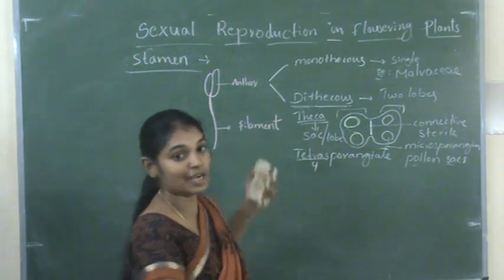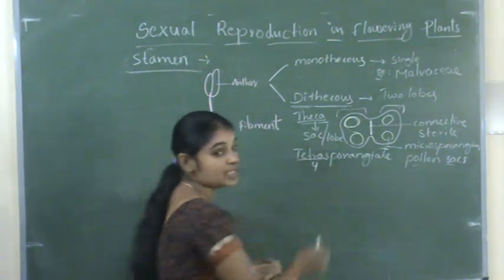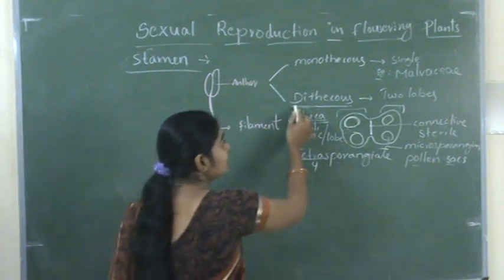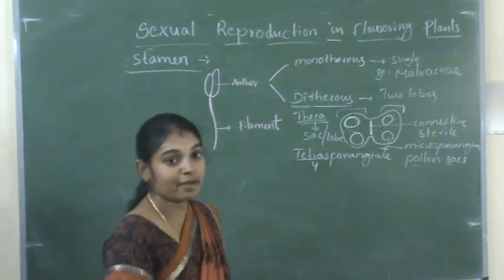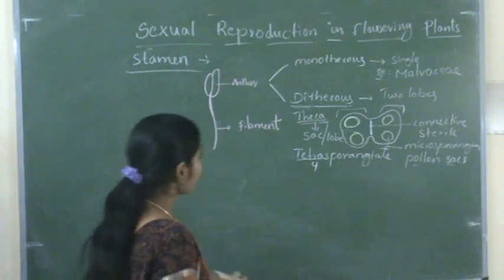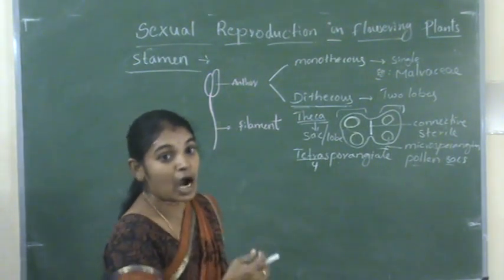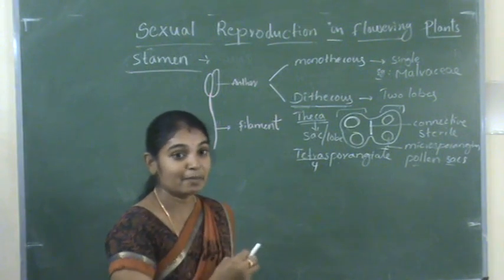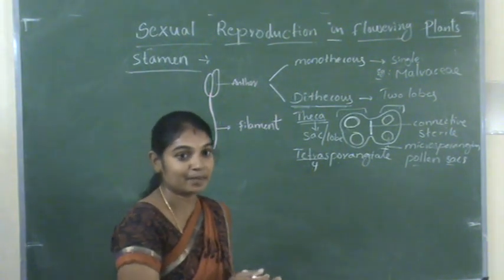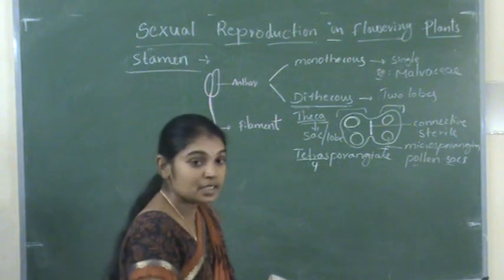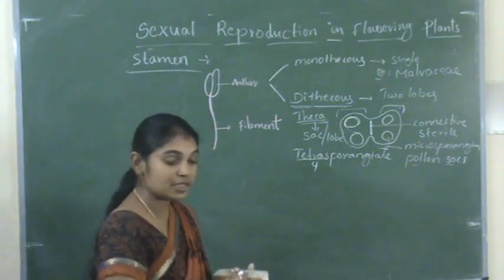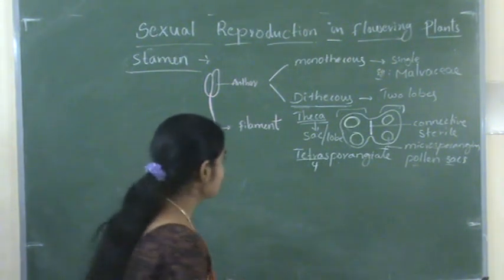So these types of anthers are called tetrasporangiate or dithecous anthers, having two lobes. And on the basis of how the anther and filament are attached with each other, there are four different types of stamen.